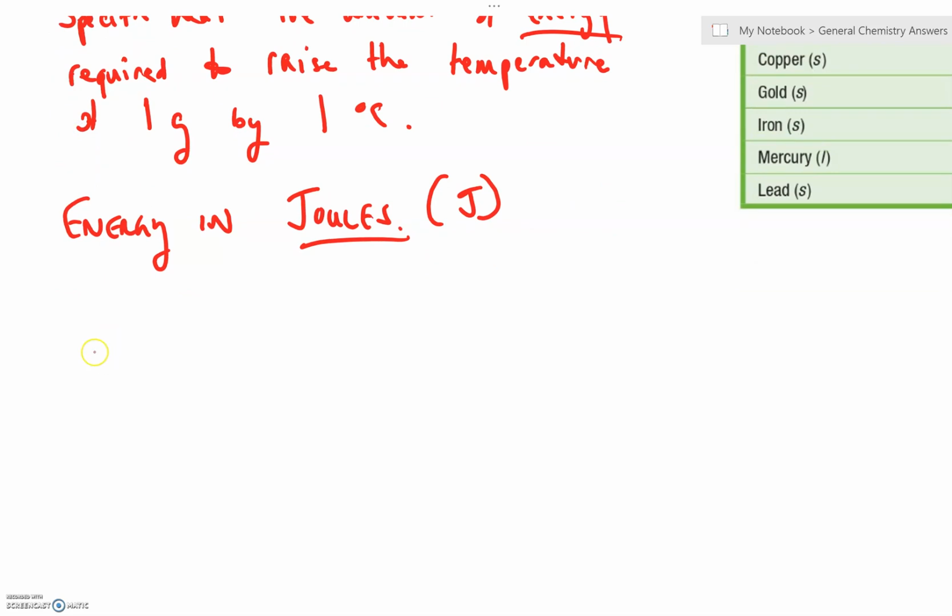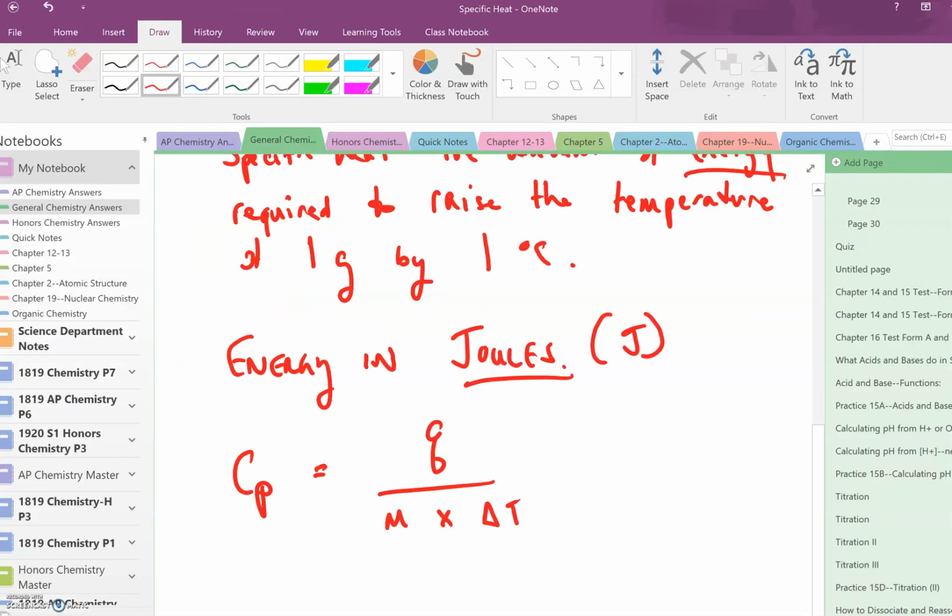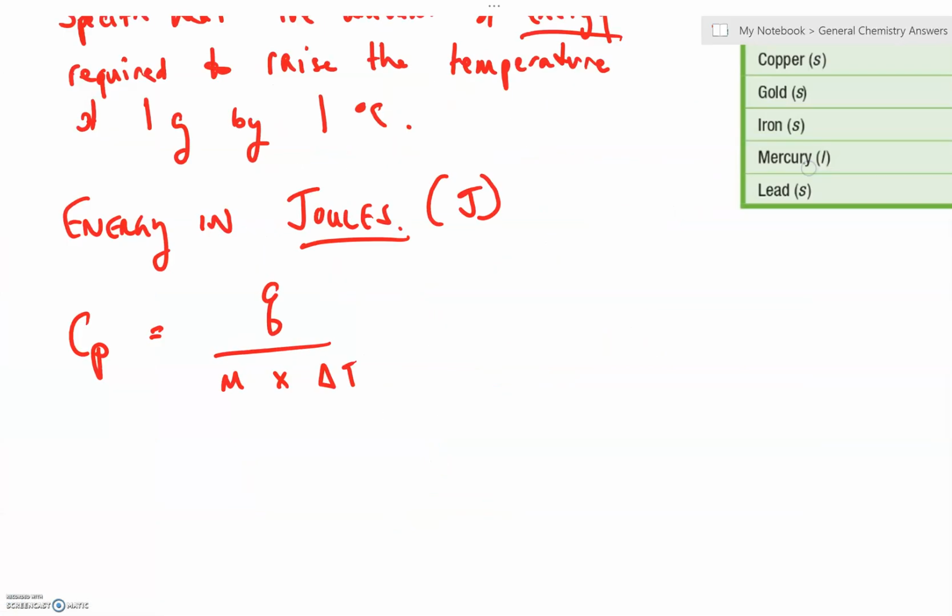We're going to say this: specific heat. We're going to abbreviate this specific heat, and the equation is going to look like this. Cp is going to be specific heat. Q is going to be energy in joules.